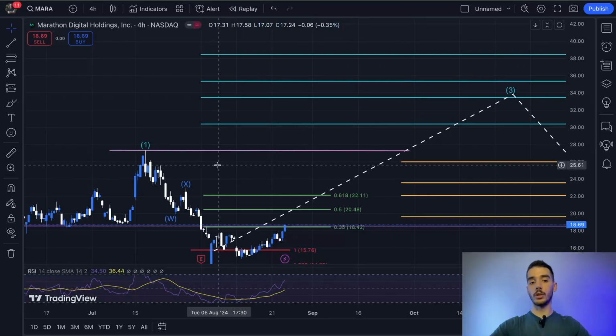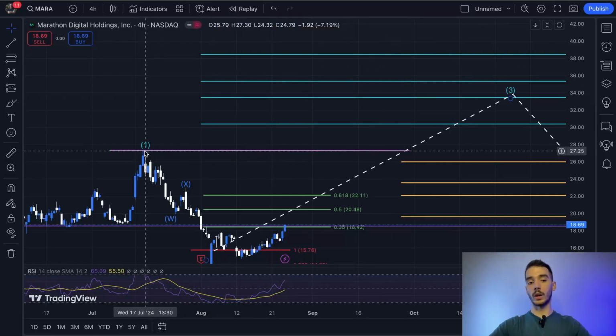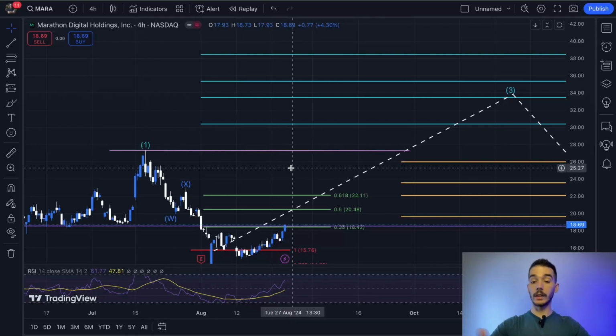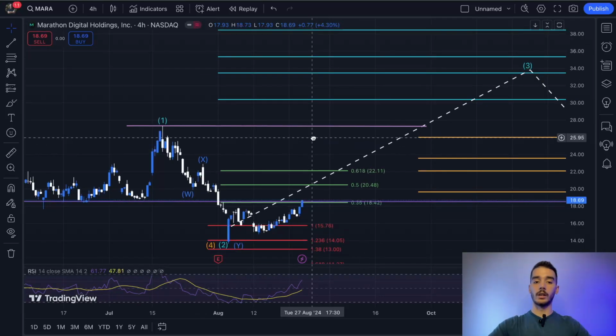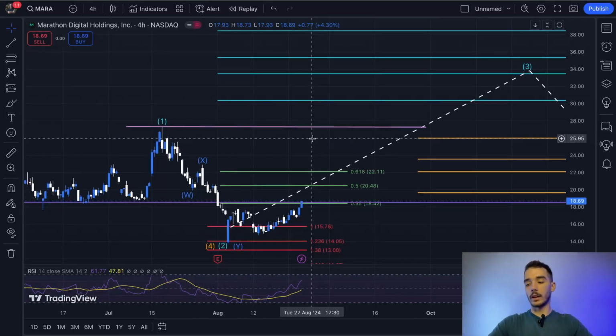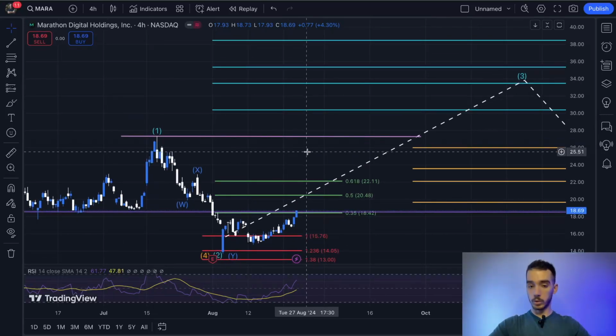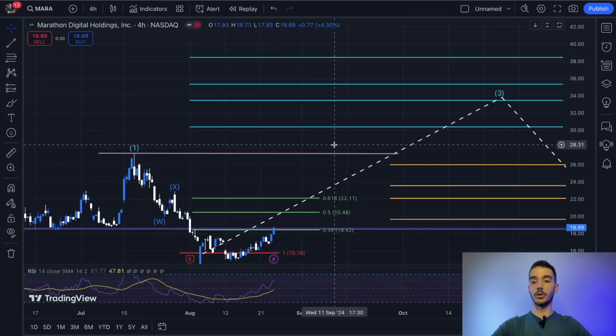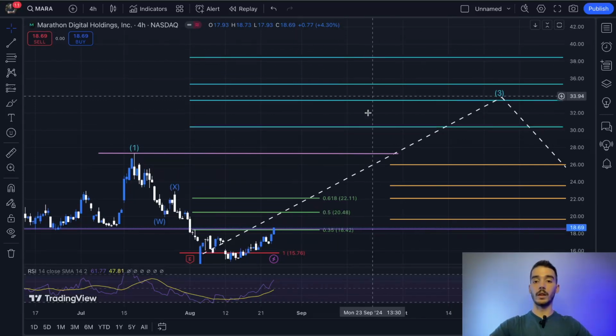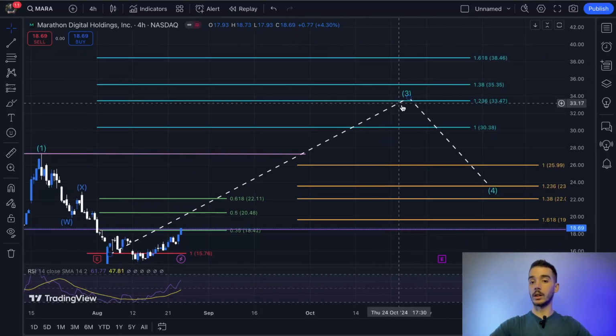Ideally, it doesn't have to, because the moment the prices break above the previous swing high, the major swing high, which is this right here, that's good enough to consider a third wave to be in. But just like history, history doesn't have to repeat, but understanding that most of the time third waves are usually overextended and tend to be more on the extreme side, it would be ideal to see a third wave top out within this blue level right here.